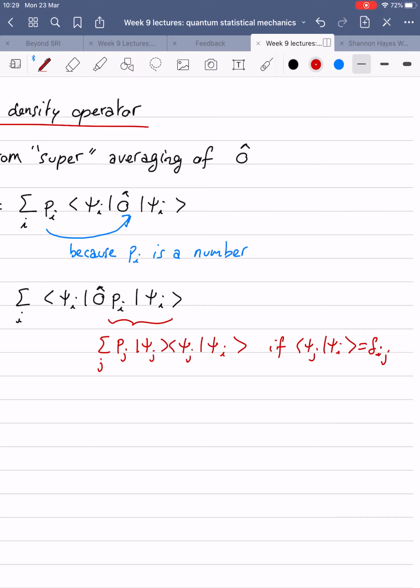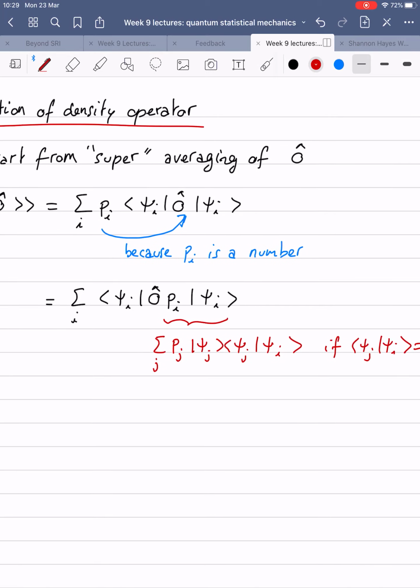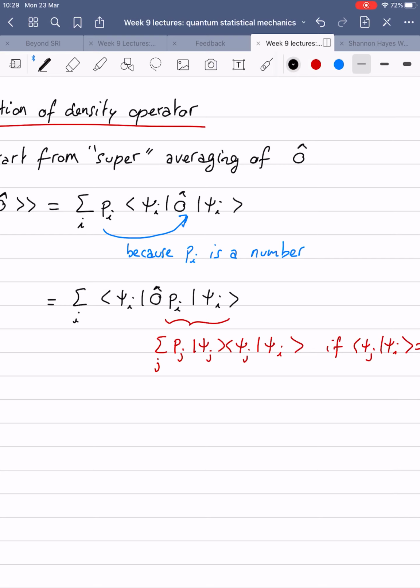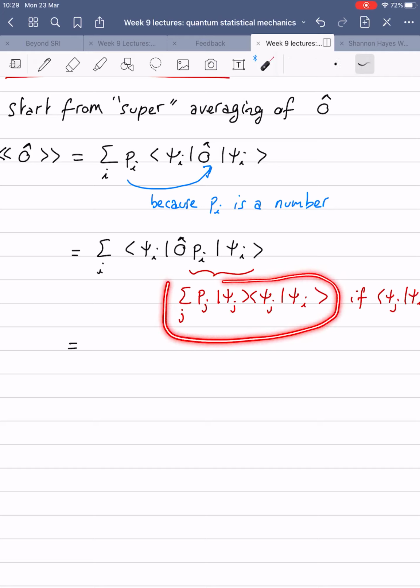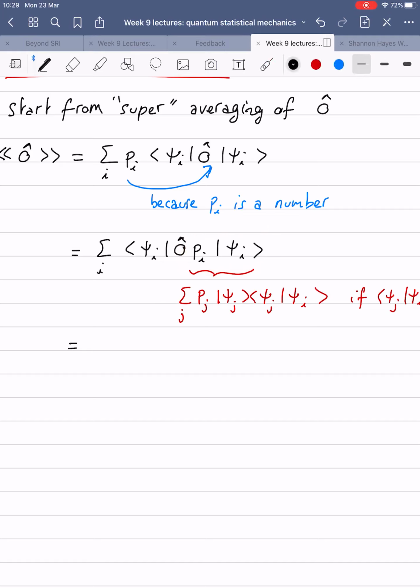So if this is the case, then this is delta_ij, that's a Kronecker delta, and then I can substitute this expression into this part here, and I will obtain the following equation.